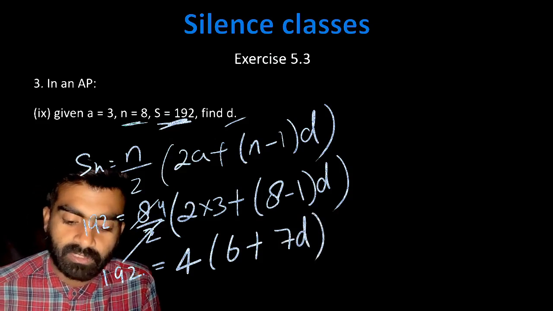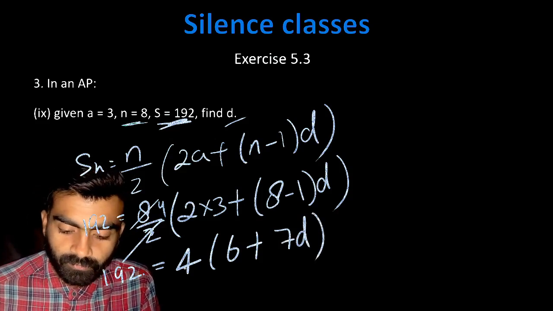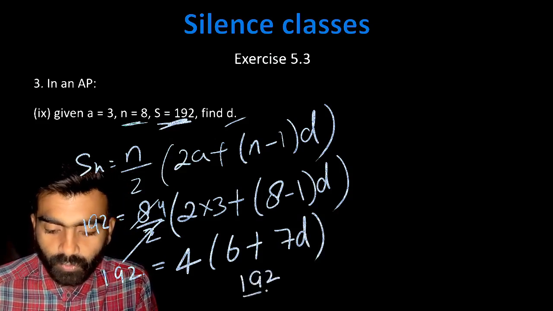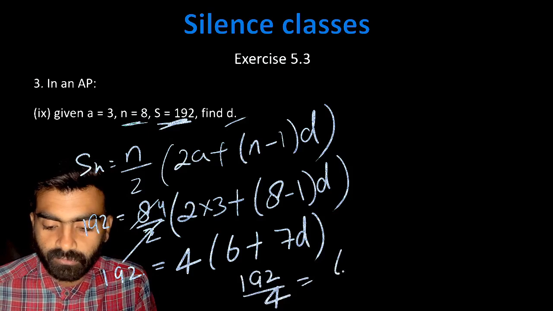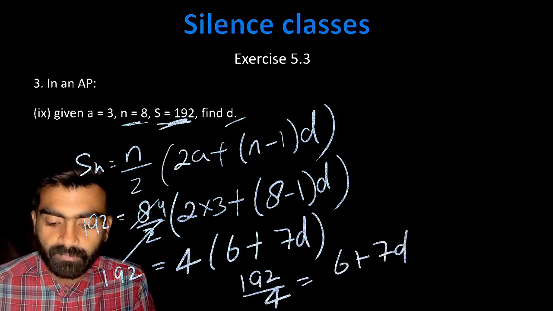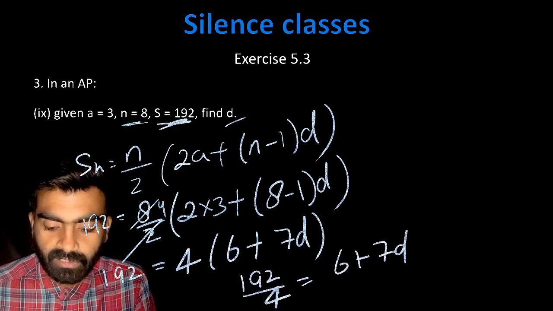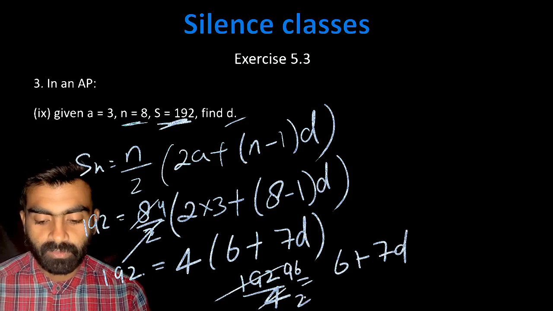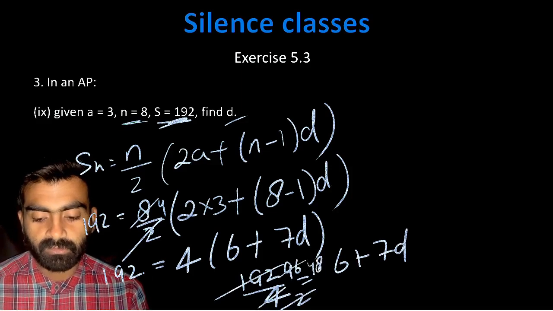We can write it down like this. Now we move 4 to the left hand side, so we get 192 upon 4 equals 6 plus 7d. We can divide it by 2 to get 48.